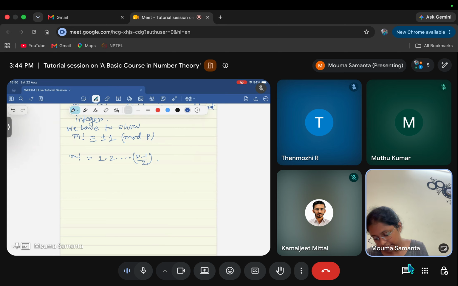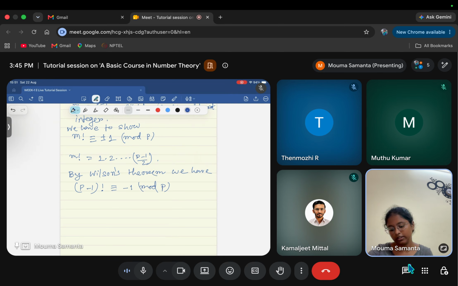By Wilson's theorem, we have (p minus 1) factorial is congruent to minus 1 mod p.